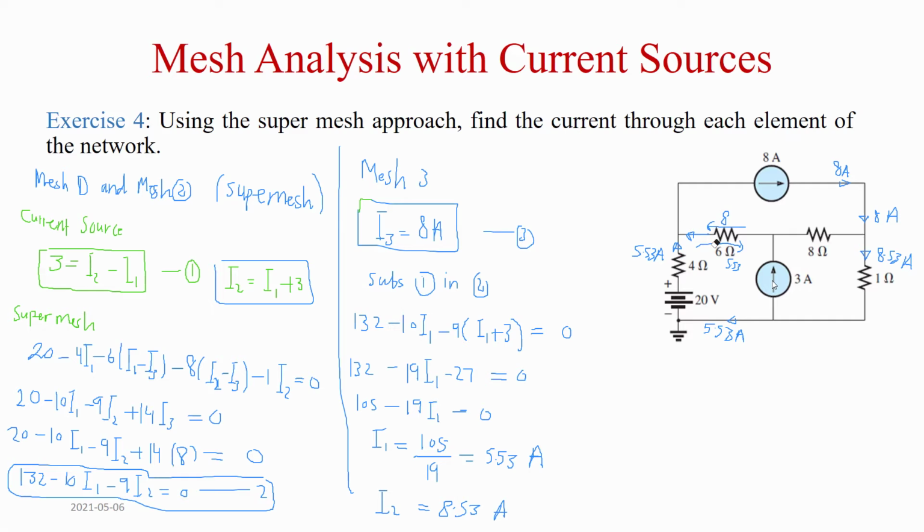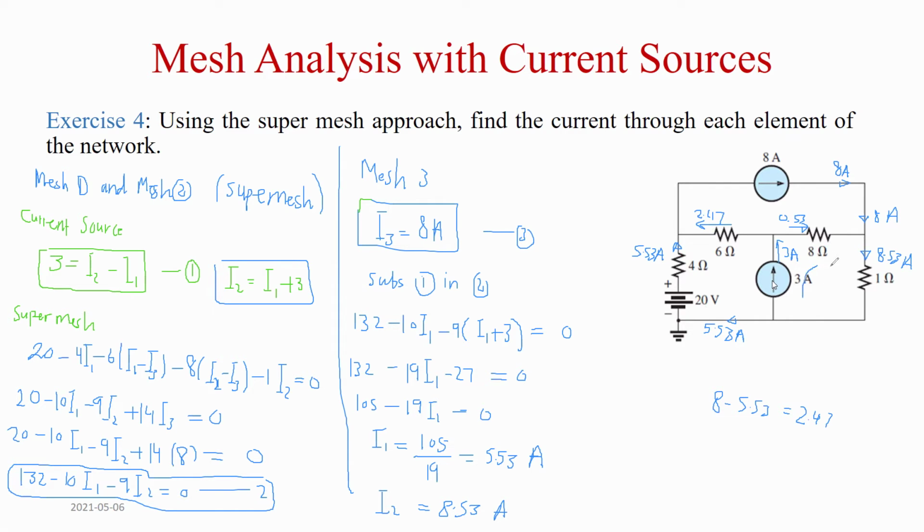So the current here will be 8 minus 5.53, which is 2.47 going that way. So there's 2.47 going this way, and here it will be 0.53 going this way, and this is a 3. Those are the currents.